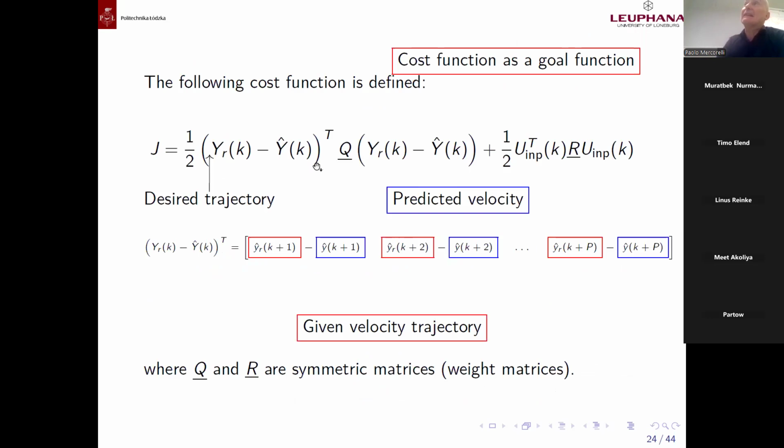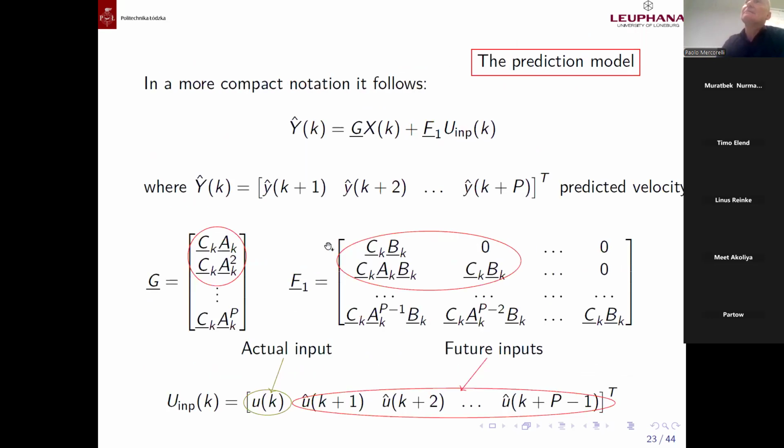It's Y hat, basically. But I have to say, just the part of Y hat which depends, now we can see, on the state.